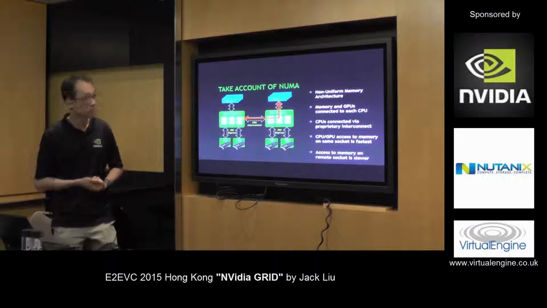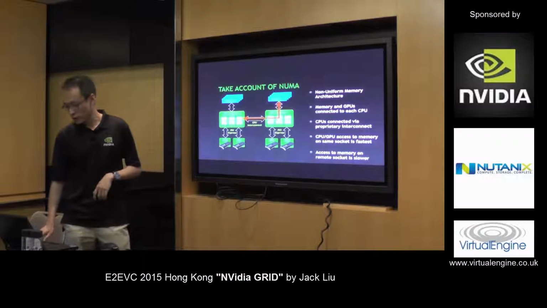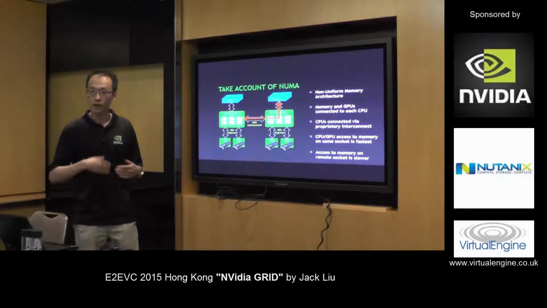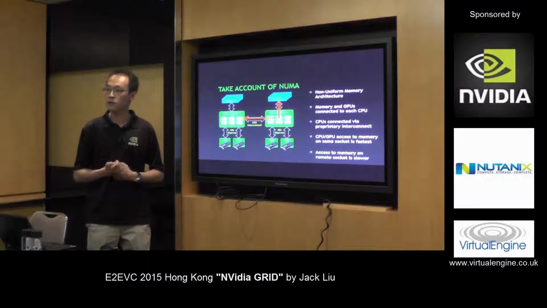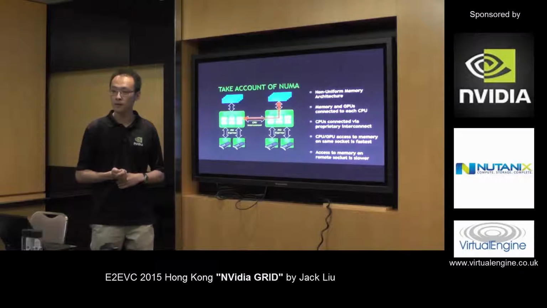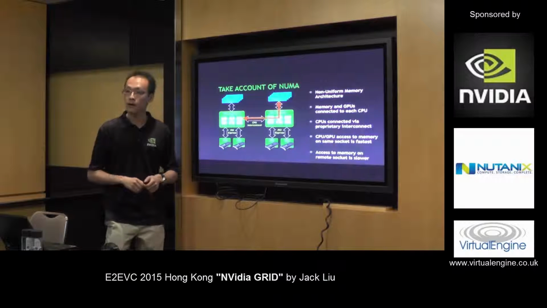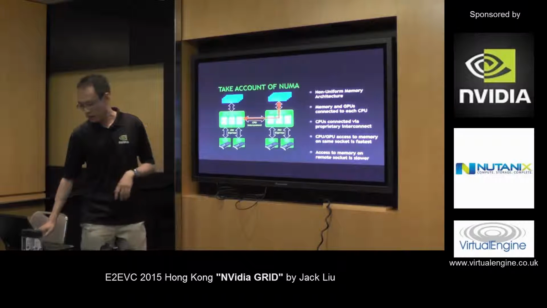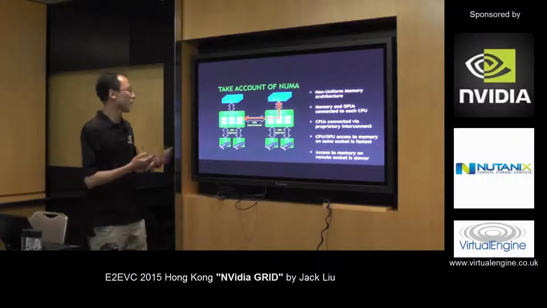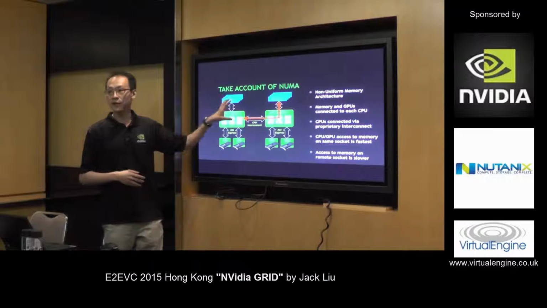Also, if you pin a vCPU to a certain VM, we see at least a 10 to 15% performance boost. Because if you don't do it, it will go through the QPI. Because for now, every PCI controller is inside the CPU.